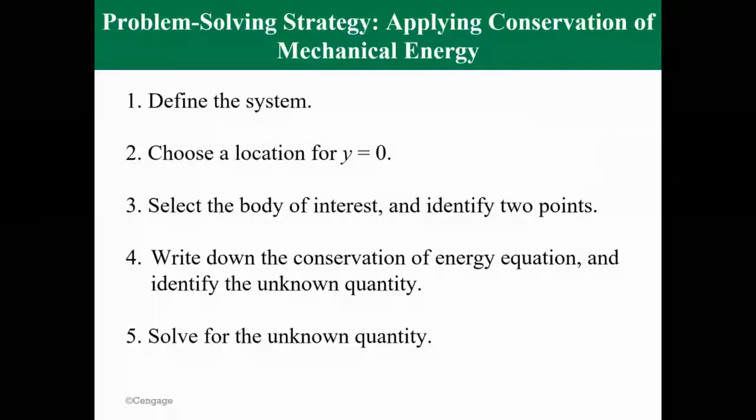We choose location y, which is important because it's the reference point for the gravitational potential energy. We select a body of interest, typically given in the problem, and then we identify the two points, which are essentially the initial and final point. Then we write down the conservation of energy equation. We identify all energy forms: potential energy, kinetic energy, sometimes work done by friction. Then we identify the unknown quantity and solve for it, which is either a speed or a position.